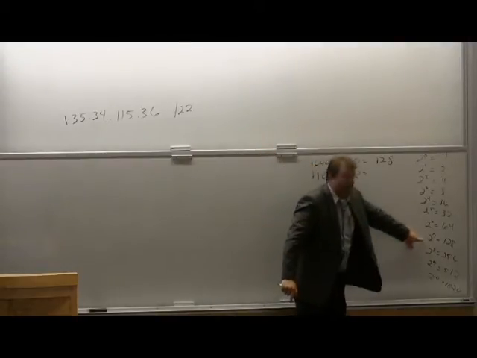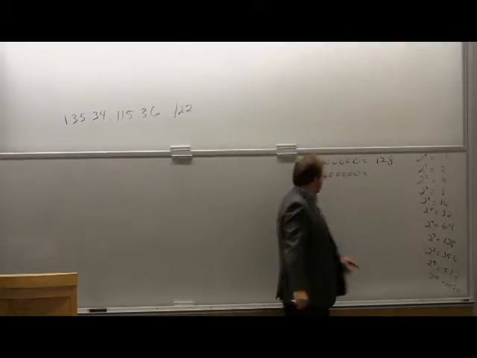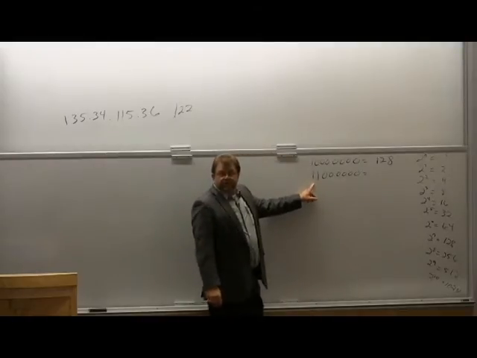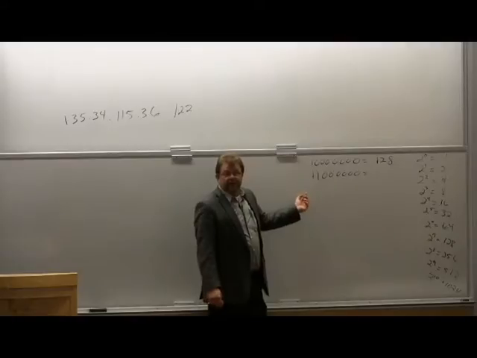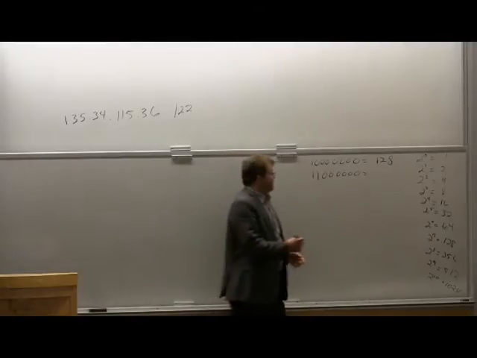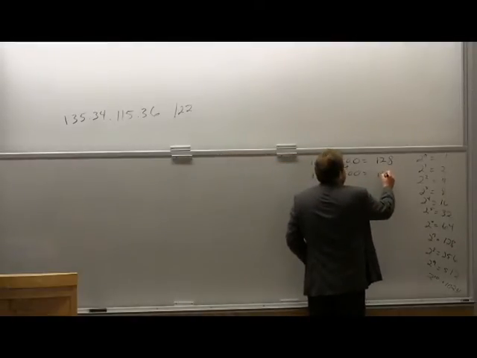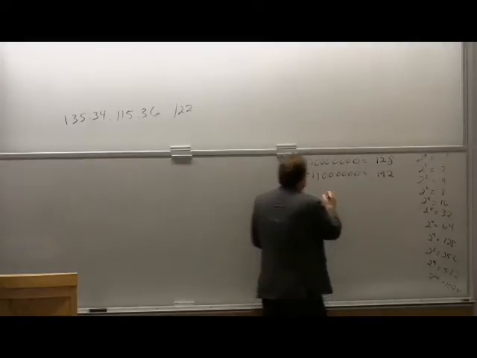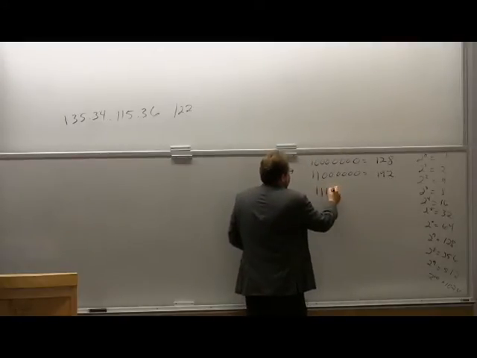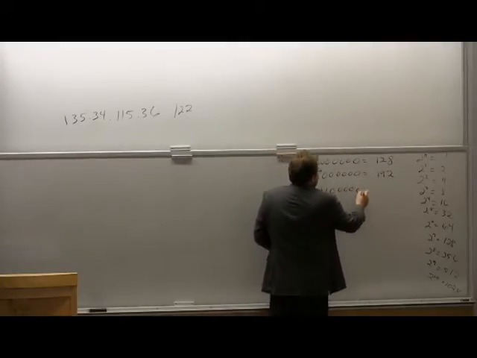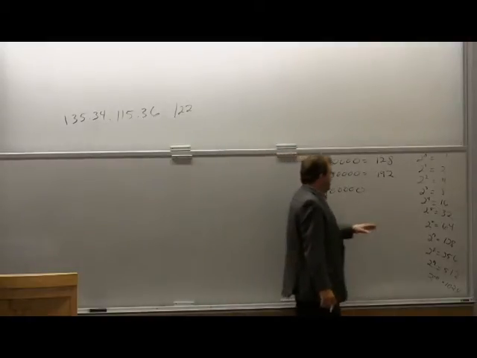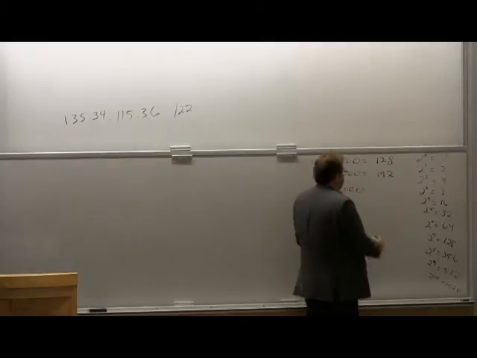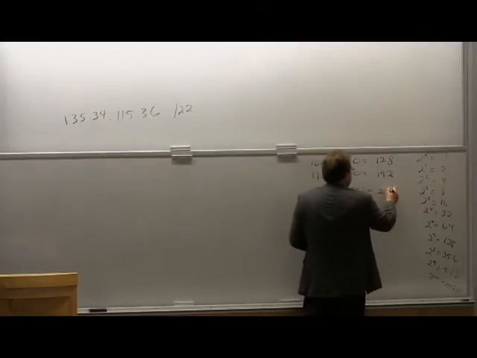What is 2 to the 7th? 128. 2 to the 6th is 64. We add 128 plus 64 equals 192. 192 plus 2 to the 5th, 32, 224.